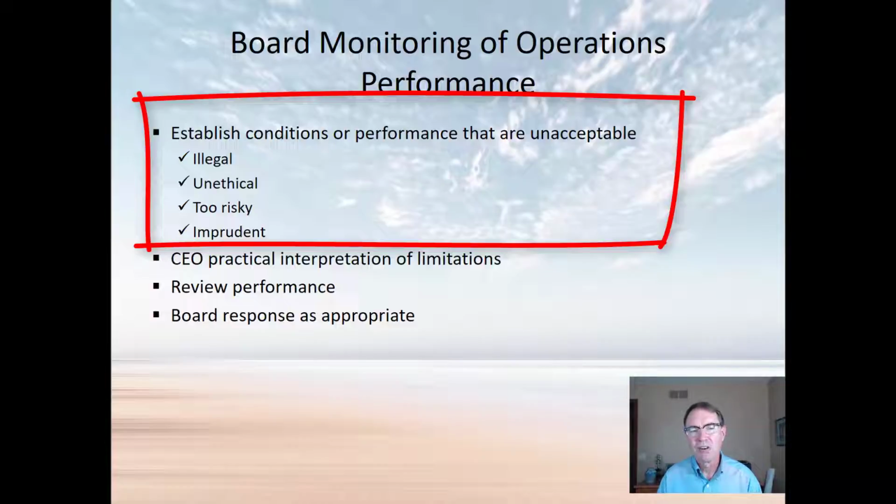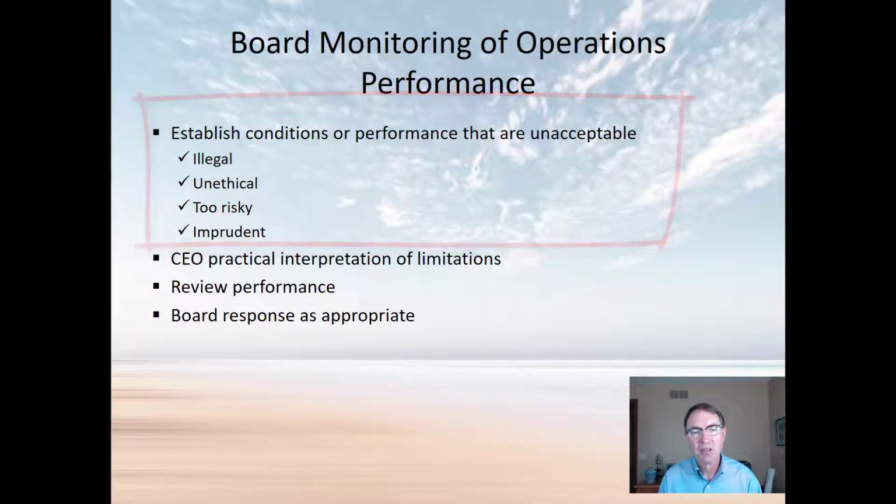And we're operating in a very complex world these days, and there are more things that, if an organization is not doing them, would be considered imprudent, like operating without a strategic plan, or having a diversity program, those sorts of things.